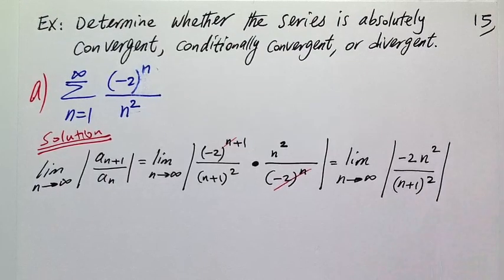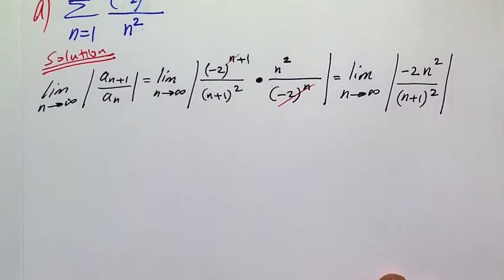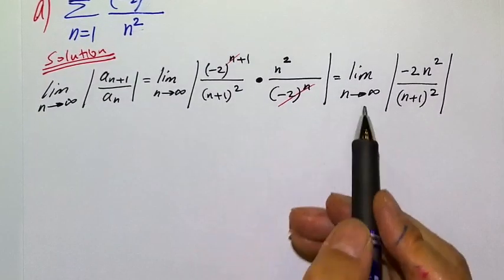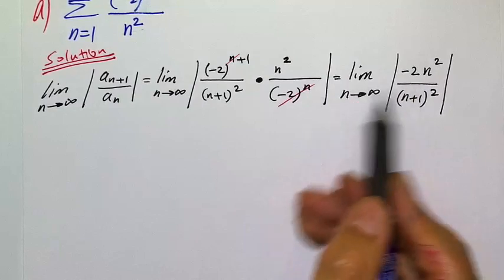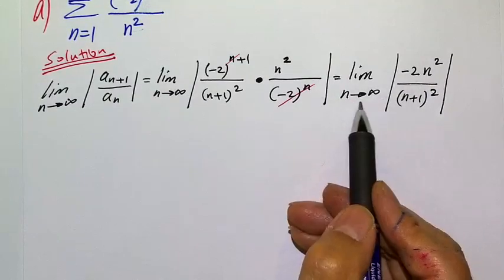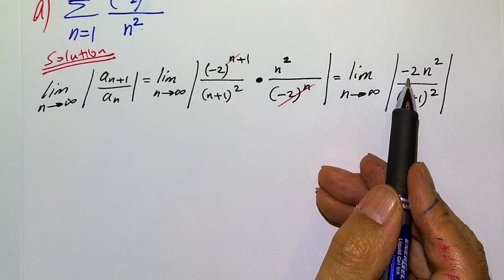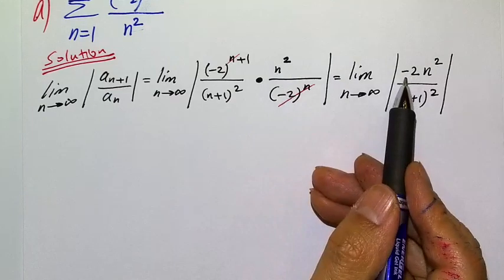Inside the absolute value. Right? And then let's remove anything from the absolute value that has nothing to do with n. That would be minus 2. When we bring it out, it's going to be positive.